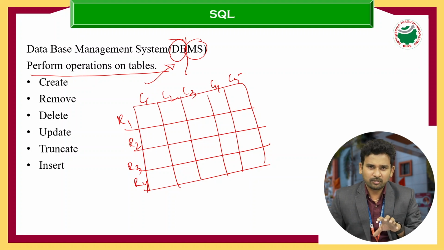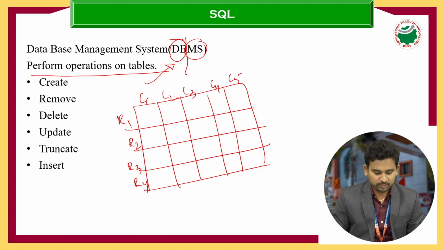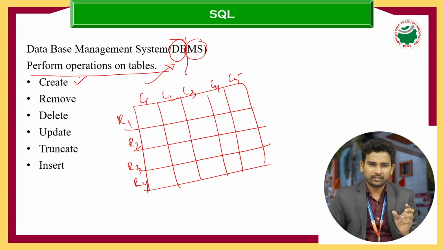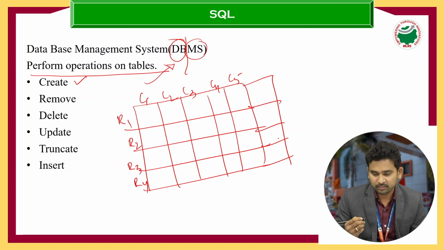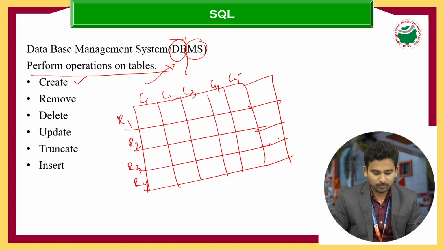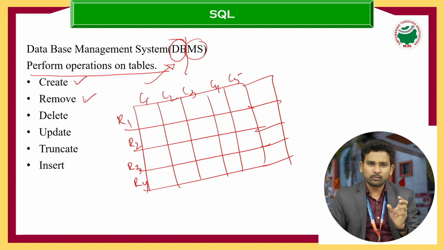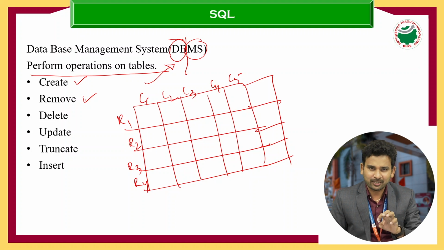On this table we have to perform certain operations. First, we have to create. For example, if you want to create an additional column, you create it alongside the existing columns.